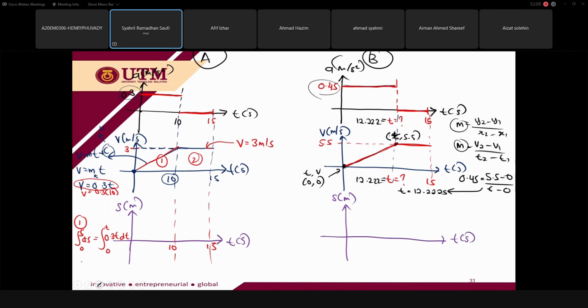If you integrate, you get s from 0 to s equal to 0.3 t squared over 2 from 0 to t. Then you will get the equation s equals 0.3 t squared over 2.